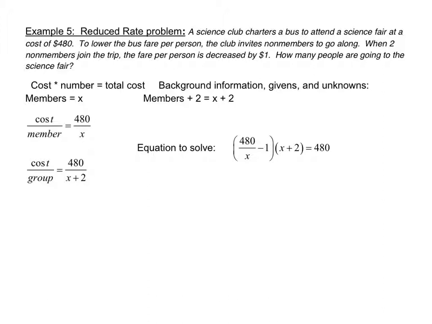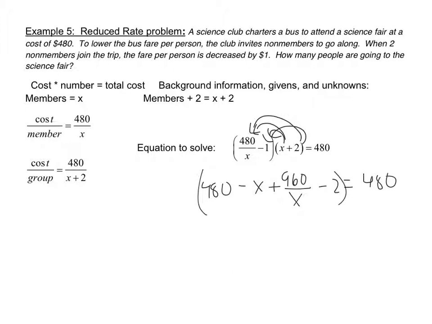So the first thing we're going to do here is distribute this out. So if we do X times 480 divided by X, you get 480 minus X plus 960 over X minus 2 equals 480.